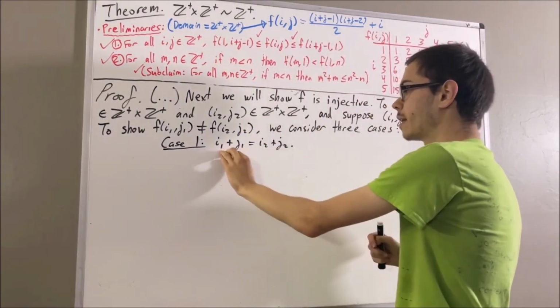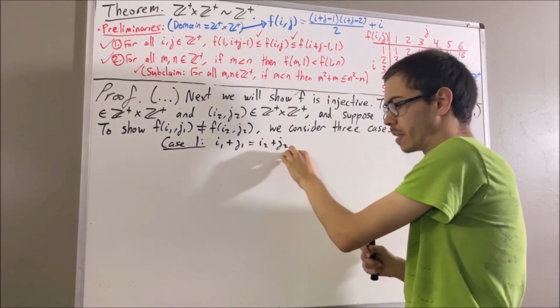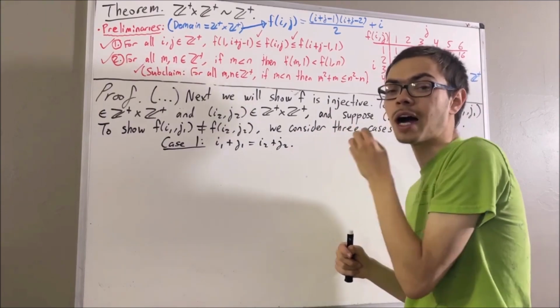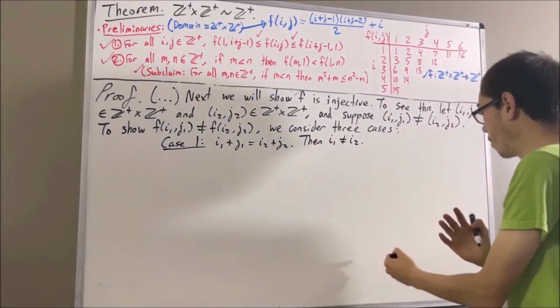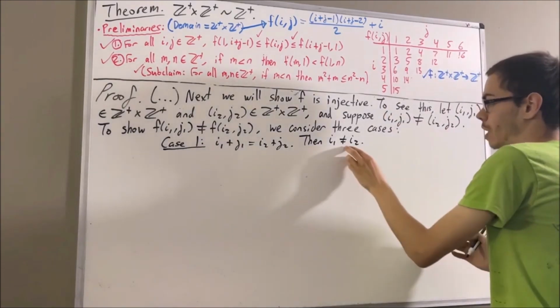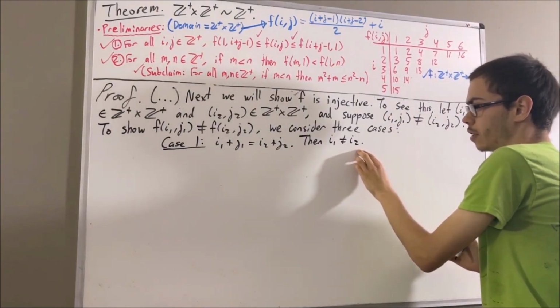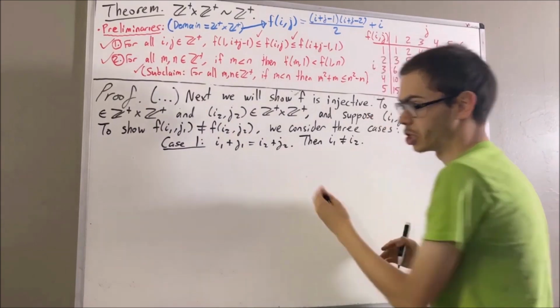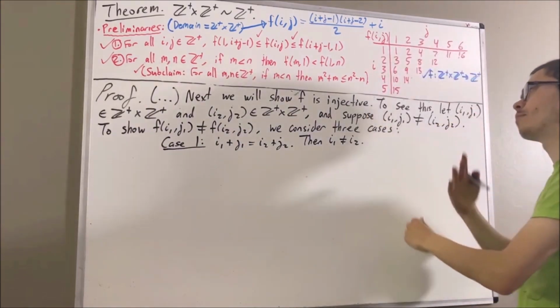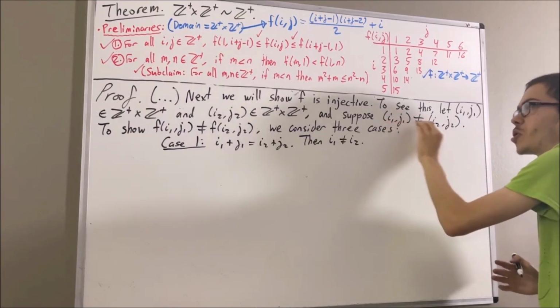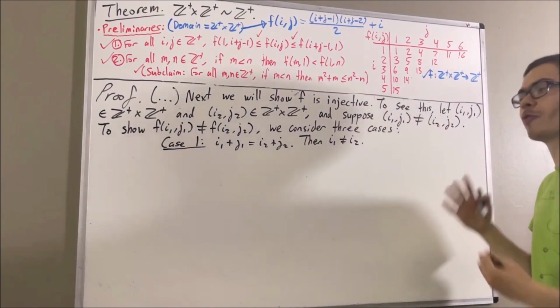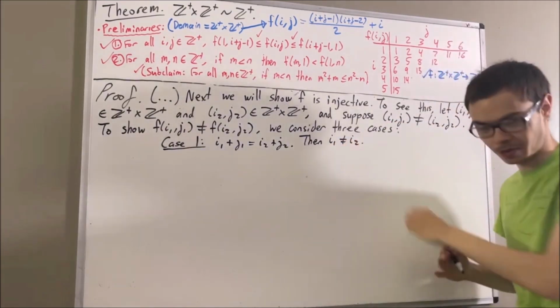Now, in the case where this is true, it follows that i1 is not equal to i2. Why? Well, if i1 did equal i2, then you can deduce that j1 is equal to j2. But then that implies the two ordered pairs are equal, which is a contradiction because the ordered pairs are not equal. So yeah, we must have that i1 is not equal to i2.